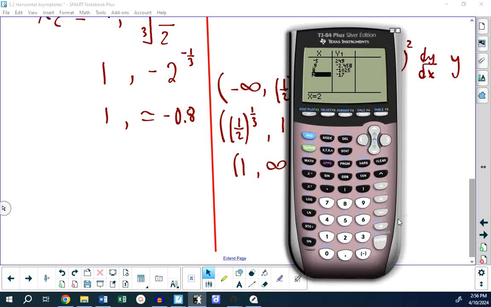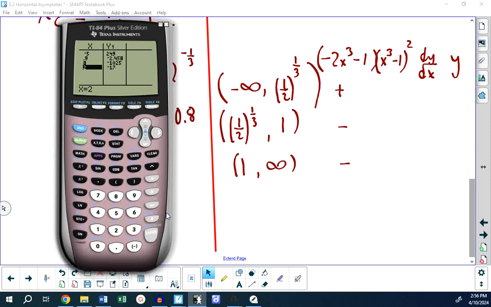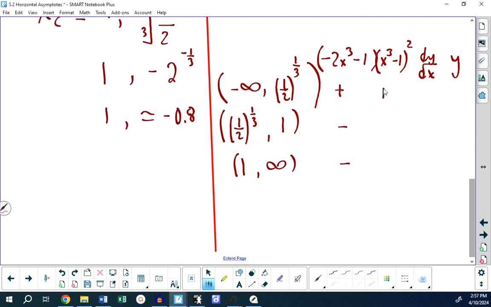I get a negative. Okay, so you just want to make sure, by hook or by crook, I don't care how you populate that table, you do it. And x cubed minus 1 quantity squared is positive everywhere. So the derivative is positive, then negative, which means y is increasing, then decreasing, then decreasing.